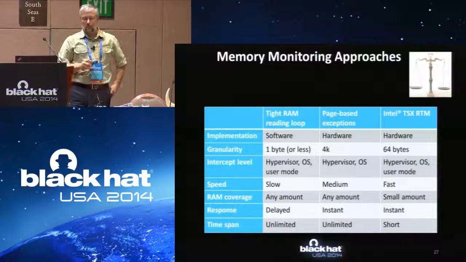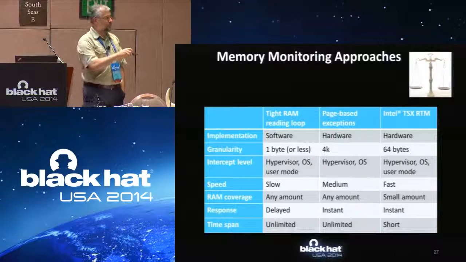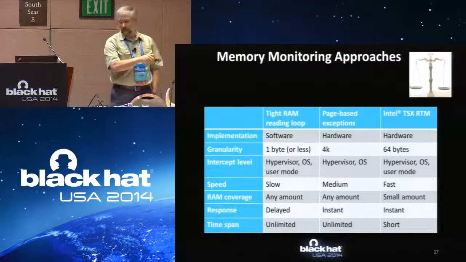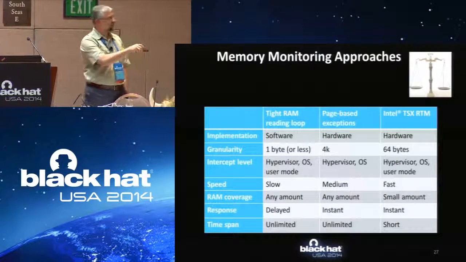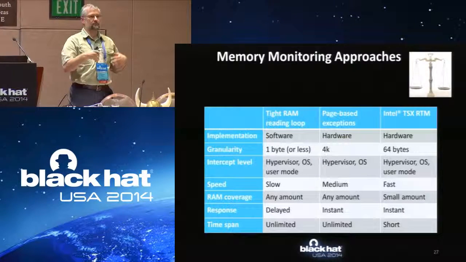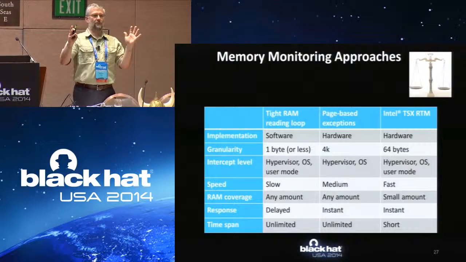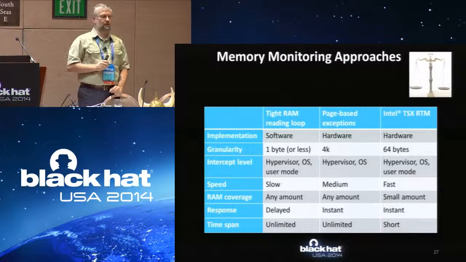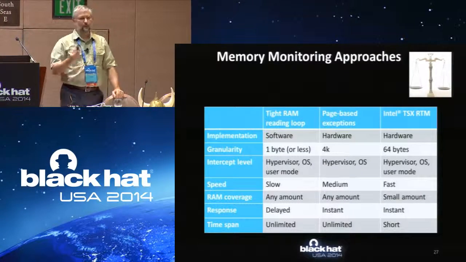And probably the biggest problem with transactional support is that it's short-lived. You cannot just let it run and hope that in 10 minutes it'll create you a hardware abort on the memory that you're monitoring. It's very short-lived. It was designed this way.